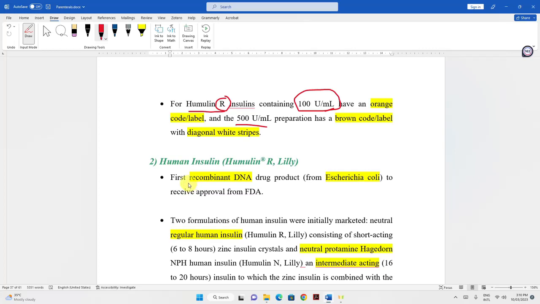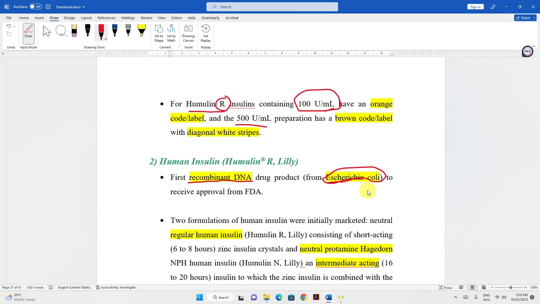How is it produced? I'm sure you have taken a biotechnology course, okay? The way you prepare human insulin is through recombinant DNA technology, and you are using a form of non-pathogenic E. coli.